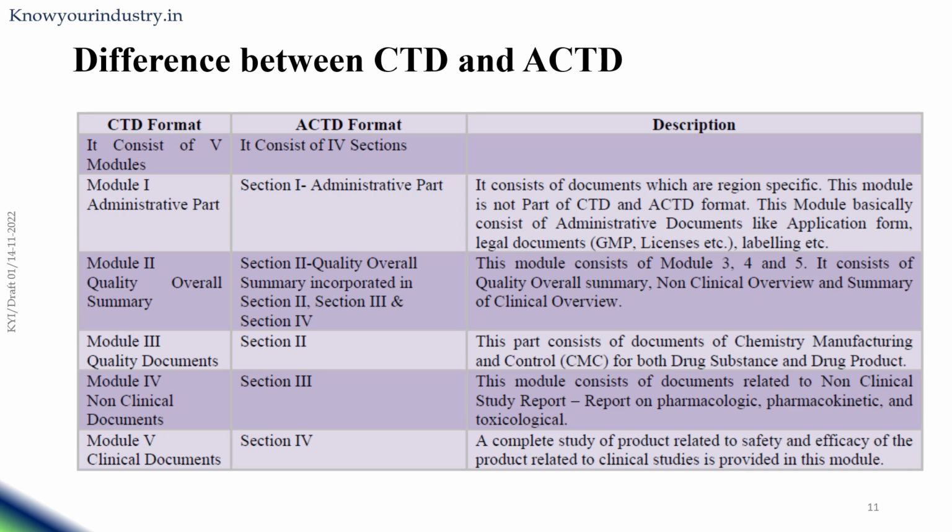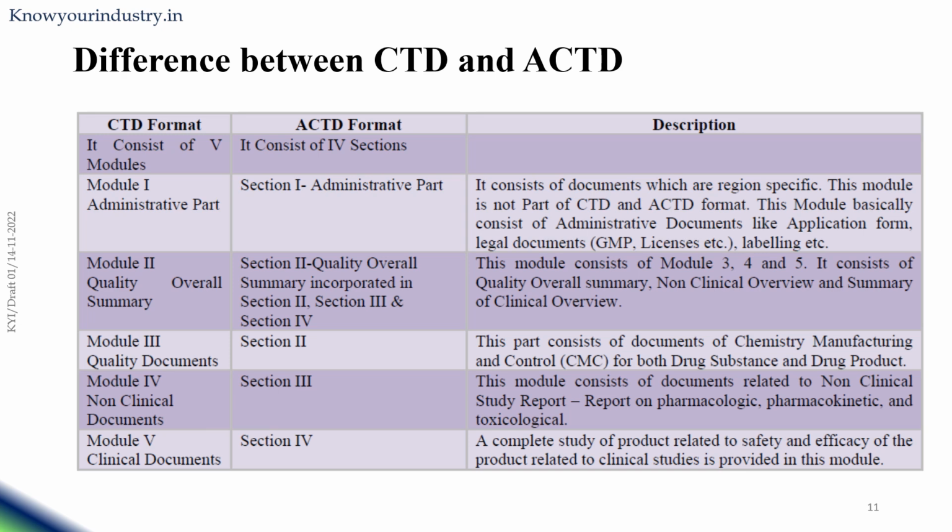Similarly, part 1 of ACTD format also contains administrative documents. This module basically consists of administrative documents like application form, legal documents like GMP or licenses, and labeling part.